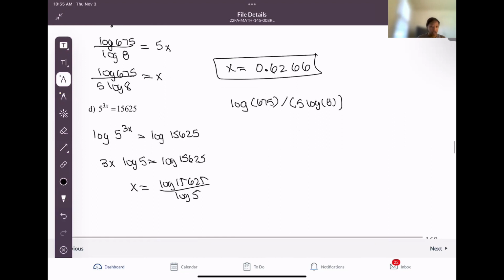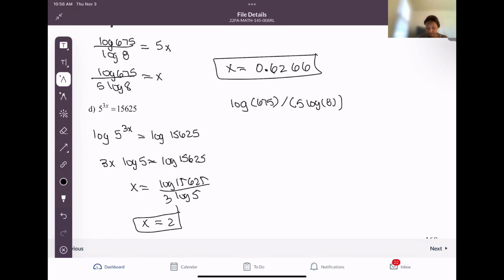And if we put that into our calculator, log of 15,625 divided by, oh, I missed the 3 here, sorry, 3 log of 5. We get 2. Very good. So good job, Louise.